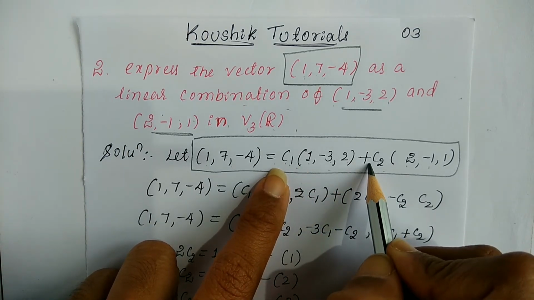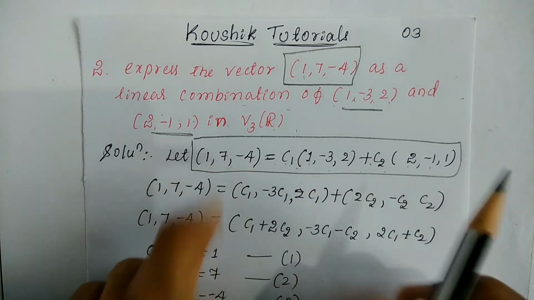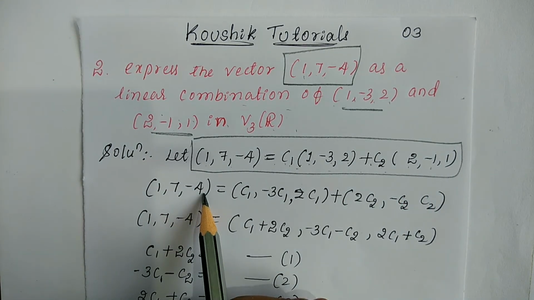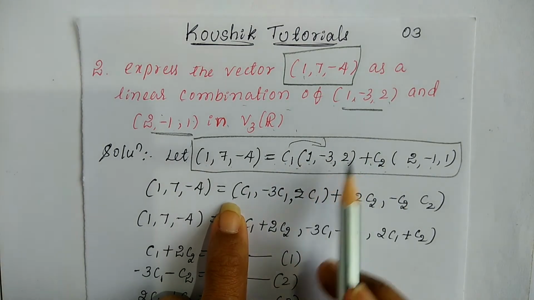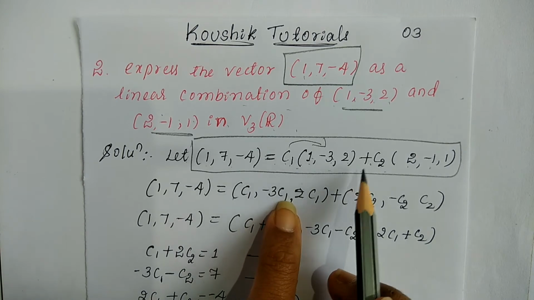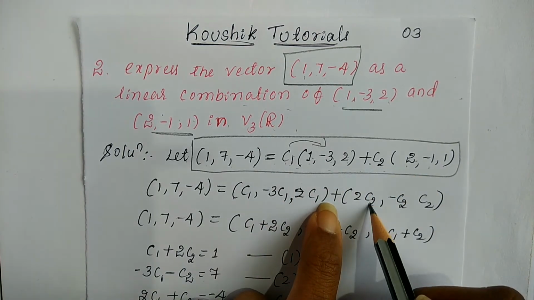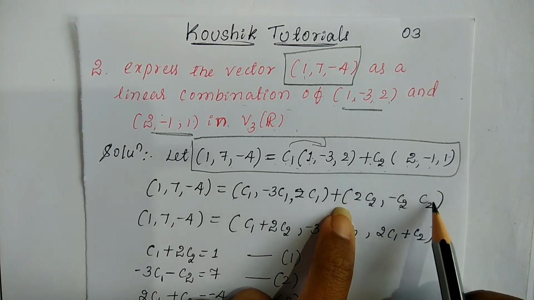So we want to find what is C1 and C2, for what values of C1 and C2 the equality holds. Now (1, 7, minus 4) is equal to, multiplying C1 within the triplet, C1 into 1 is C1, minus 3 into C1 is minus 3C1, 2 into C1 is 2C1, plus 2 into C2 is 2C2, minus 1 into C2 is minus C2, 1 into C2 is C2.